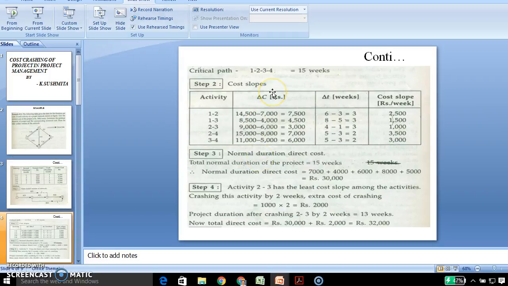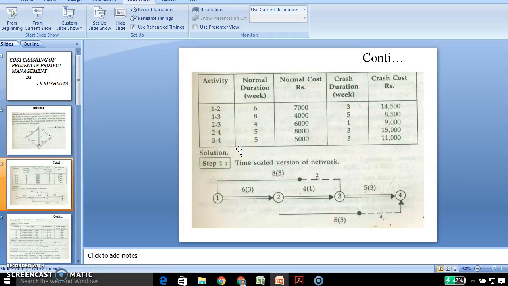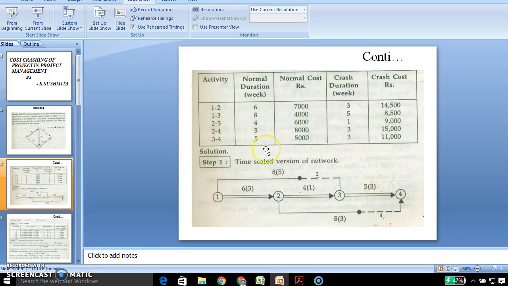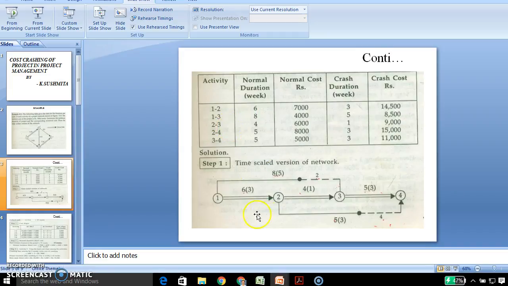After finding the critical path, we should find the cost slopes. The cost slope is found for each activity. Before finding the cost slope, we should find delta C, the increase in cost, and delta T, the decrease in time. What is meant by delta C? As I have said, it is the crash cost minus normal cost, and delta T is normal time minus crash time. We check the first activity.